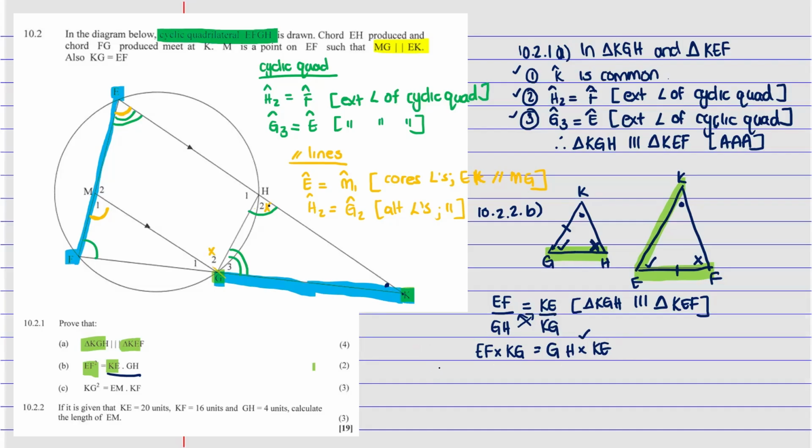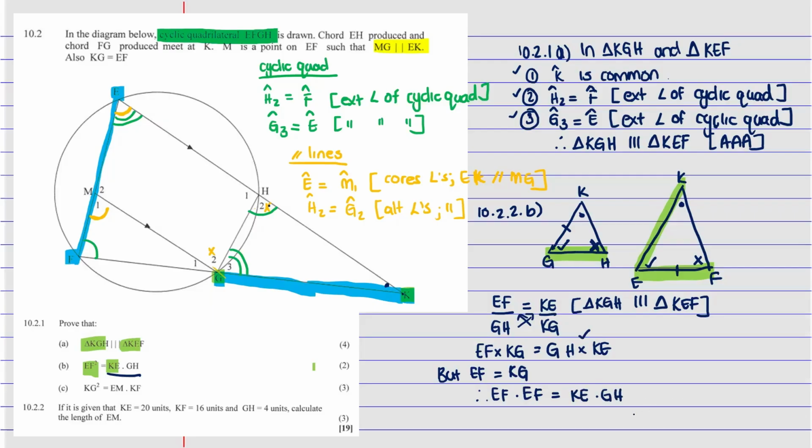But we know the fact that EF is equal to KG. So we can replace KG by EF. Therefore, we're going to have EF multiplied by another EF is equal to KE multiplied by GH.